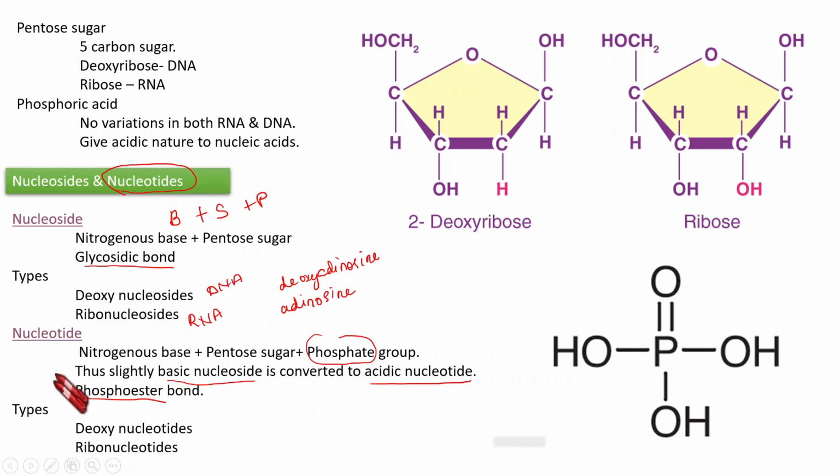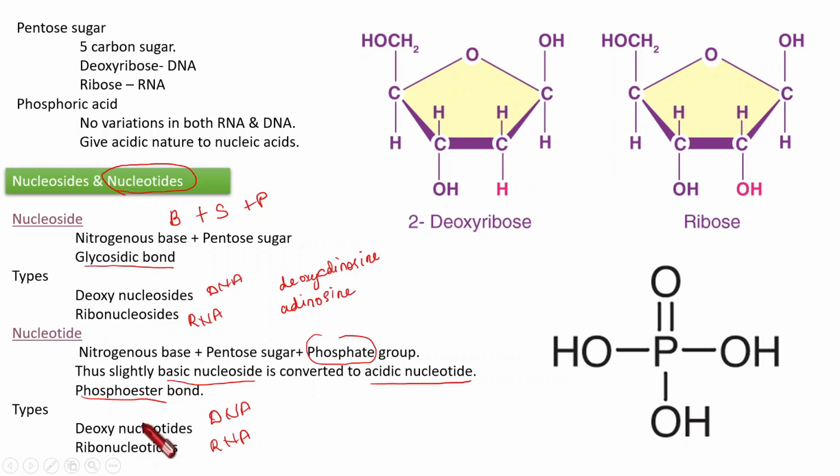Which are the types of nucleotides? They are deoxynucleotides and ribonucleotides. We know that deoxynucleotides are present in DNA, and ribonucleotides are present in RNA. And as an example for a deoxynucleotide, we can take the case of this one itself. Along with this, one phosphate also joins, and it becomes a nucleotide.